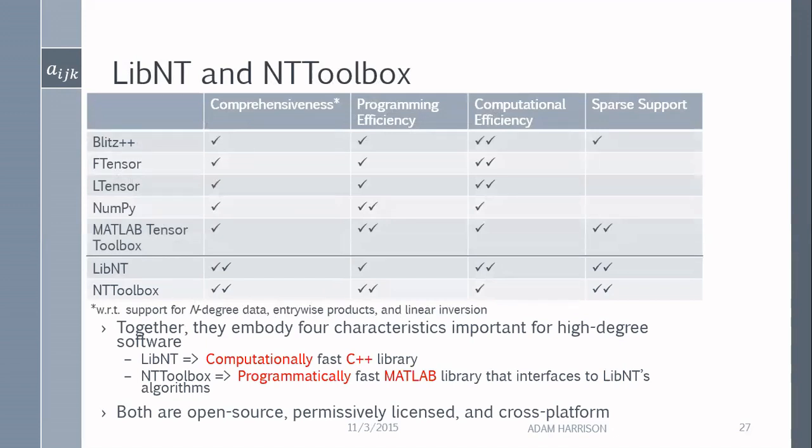But in addition, sparse support is one of the differences between the software we looked at. So the MATLAB Tensor Toolbox, as it's called, it's actually not by MathWorks, but by Sandia National Labs, provided good sparse support for its high degree approach. And then Blitz++, an example more suitable for C++, also provided sparse support.